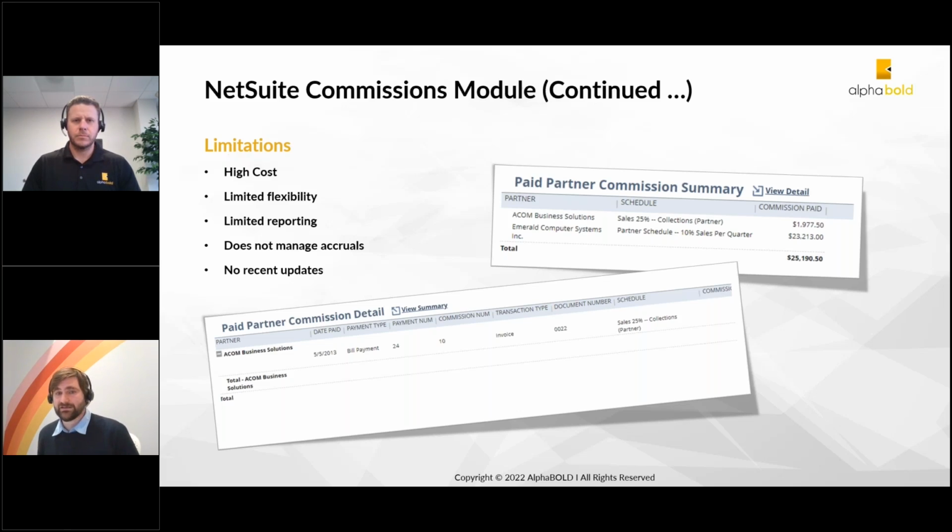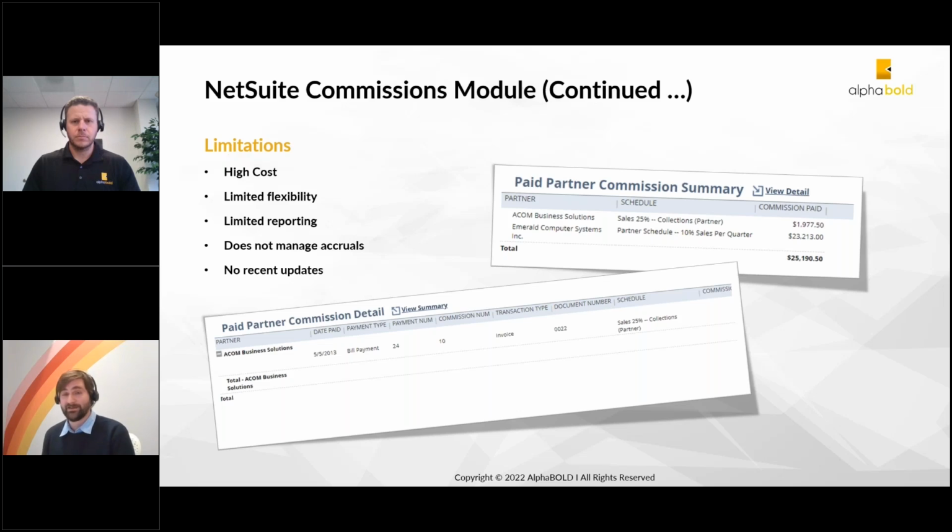Another thing is that you have limited flexibility, right? So in cases where your commission plans are complex, you may not find an appropriate schedule to set up a commission plan. If this happens, you may need to resort to scripting to populate what we call alt sales amount.